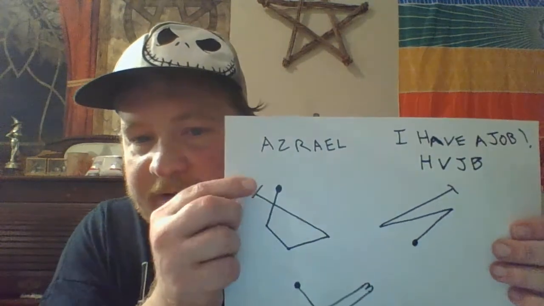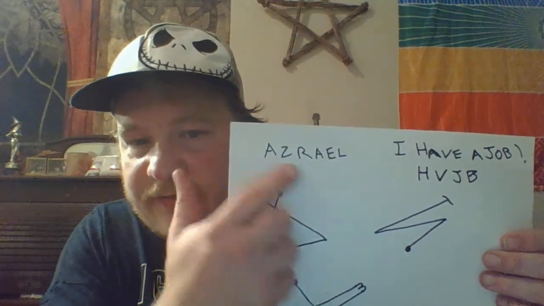Let's say here's my name on YouTube, Azrael. Now in traditional sigil making, if you can call it traditional, most people eliminate vowels and double letters.